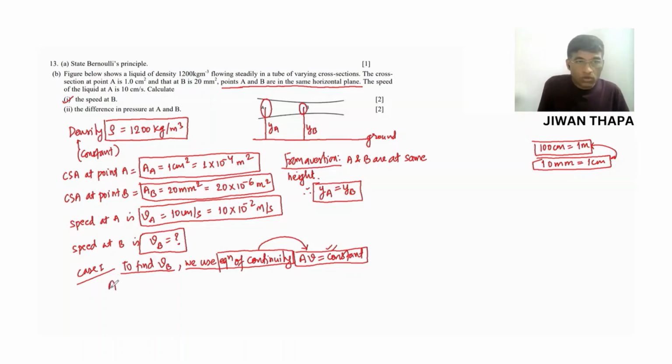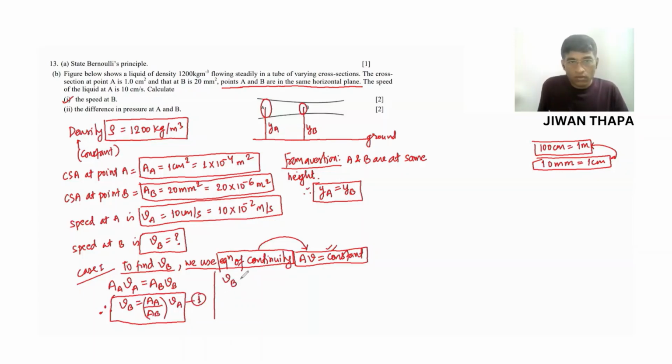So we apply the equation of continuity at points A and B: AA VA equals AB VB. Therefore, we can write VB equals AA by AB times VA. So we get this, okay? Let us call it equation 1.